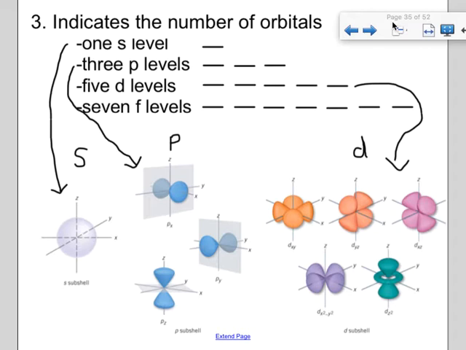The S just means it's a sphere shape, so we're in the sublevel of S. And this little exponent tells you how many electrons are in that subshell. So it's hydrogen. This is one way to show it, but you could do this as well. That also means hydrogen, based on its electrons, because the arrow represents an electron. Does that make sense?